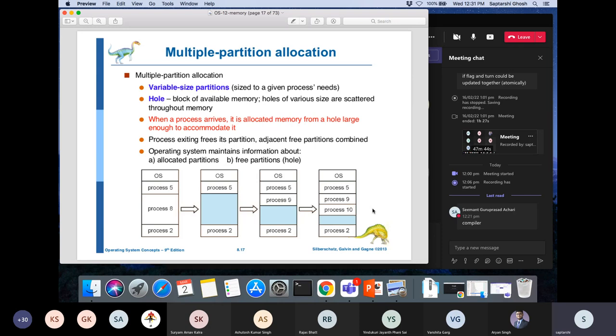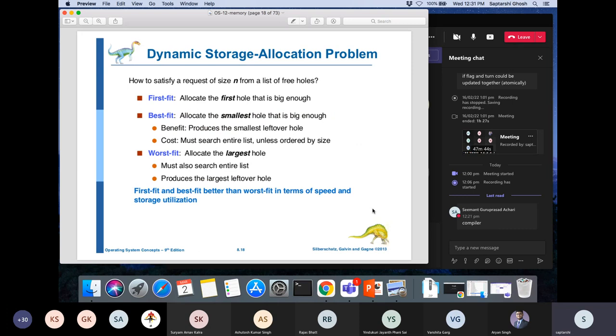The operating system maintains information about the allocated partitions and the free partitions, or holes. The operating system needs to maintain this information because when a new process comes, it has to be allocated a part of one hole. So now suppose a new process comes.